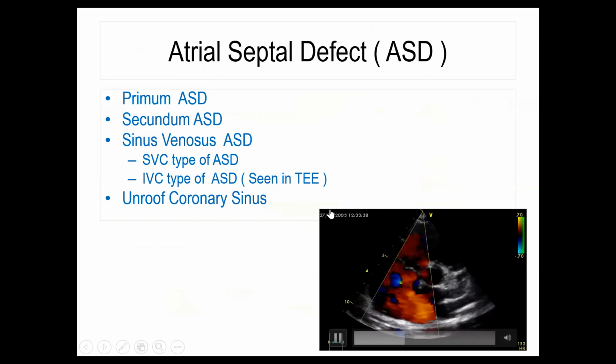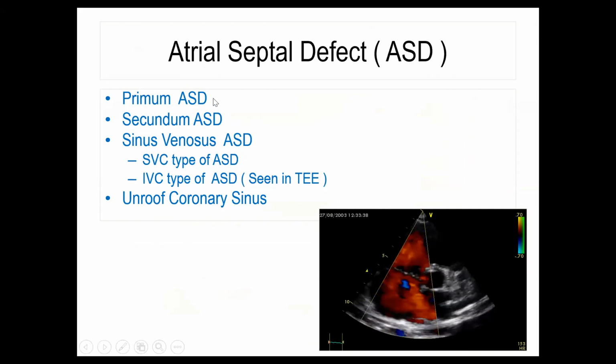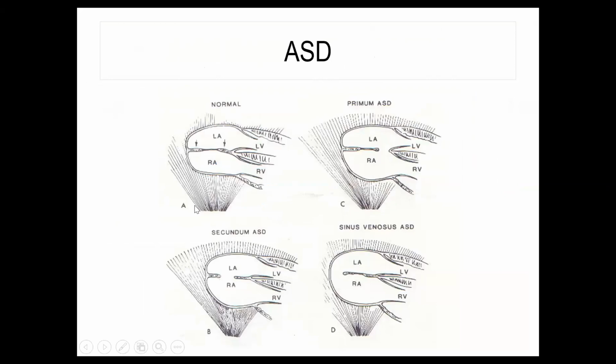Look, this is the classification of ASD we are following in 2023: primum ASD, secundum ASD, sinus venosus ASD at the SVC and IVC, then unroofed coronary sinus. If the ASD is closer to the atrioventricular valves, it is known as primum.